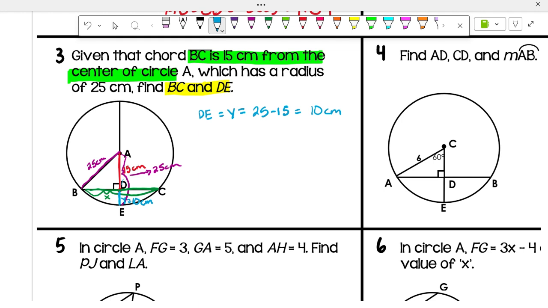So that's the full chord length. But to do that, I need to find what first? So remember, these two little pieces are congruent to each other. So I need to find what first? I need to find BD first. So I need to find this segment first. How?